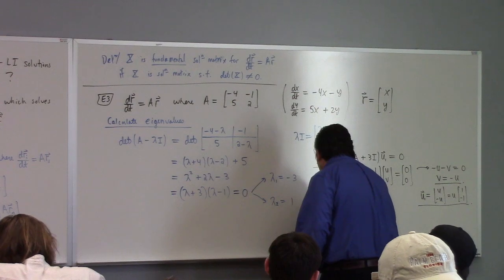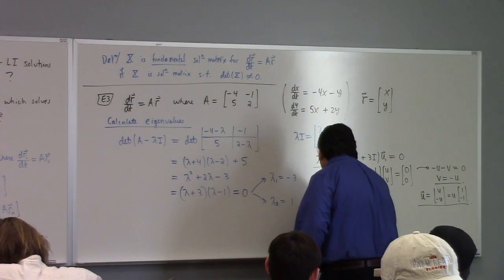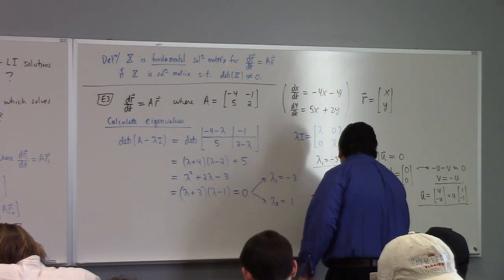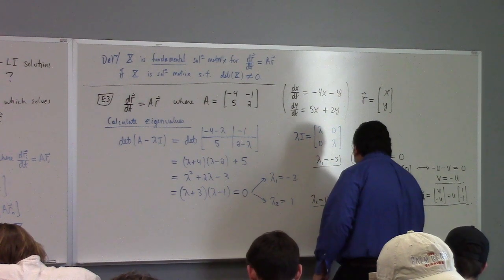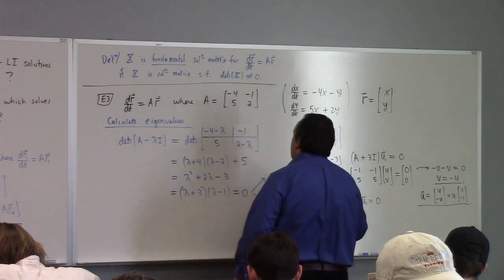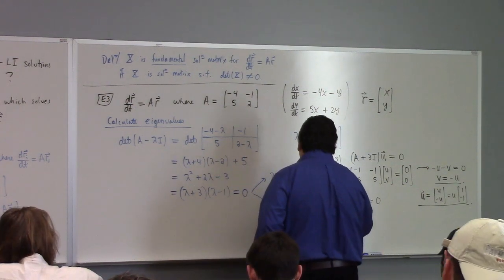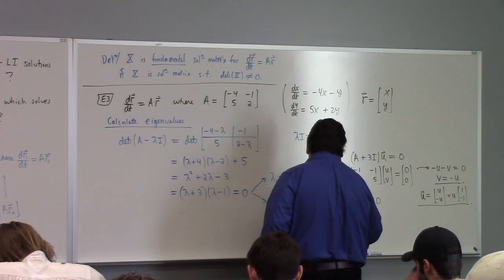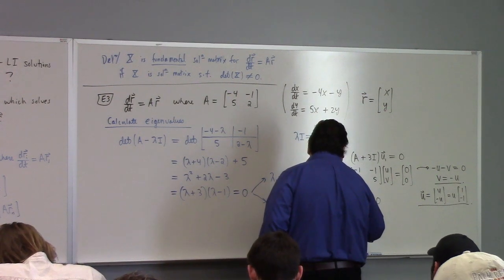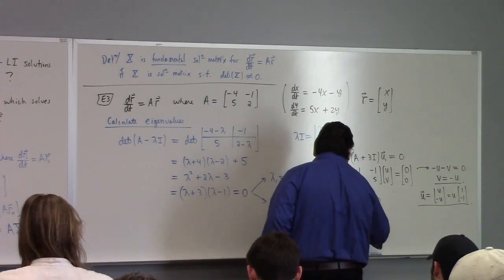Lambda 2 equals 1 means I'm looking at (A minus I) times u2 equals 0, which gives me the matrix problem (minus 5, minus 1; 5, 1) times the vector (u, v) equals (0, 0).